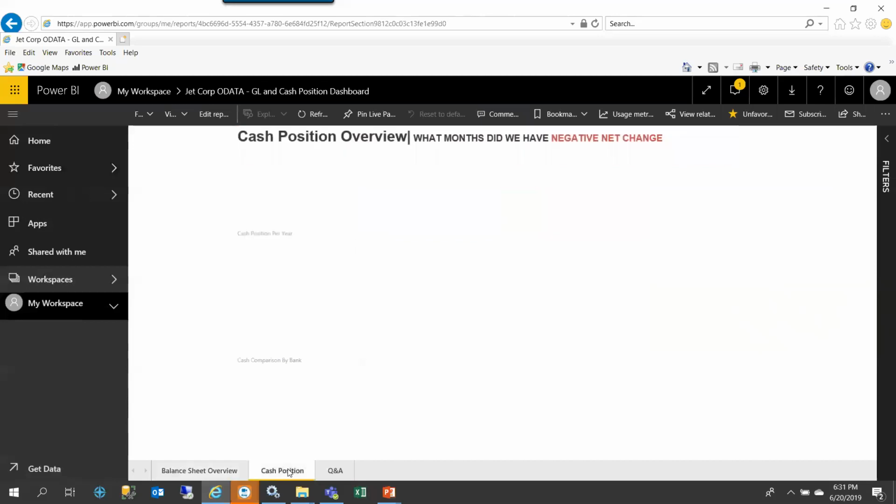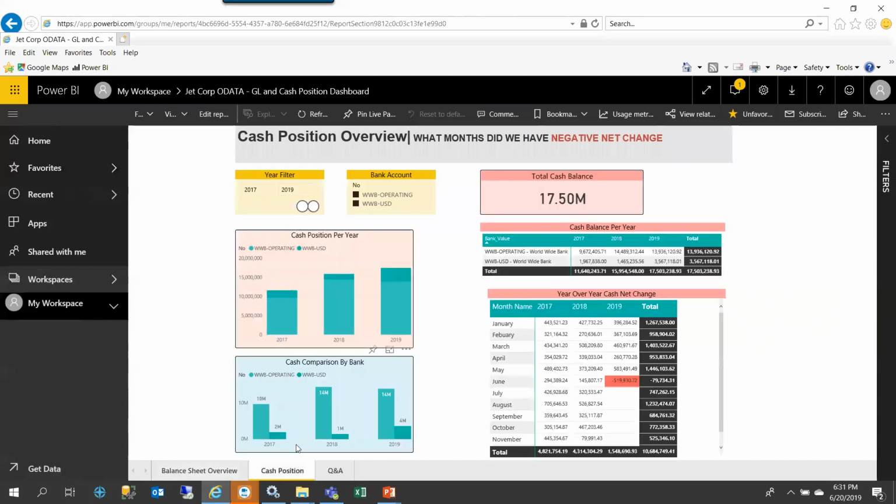In our cash position, what we've attempted here to show is looking at the cash positions of various banks. There is a chart for a value of all combined cash accounts. Then the chart below is the cash comparison by bank on a relative basis of the banks per year.